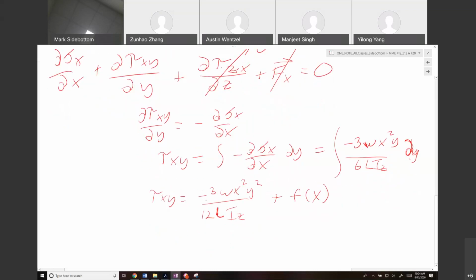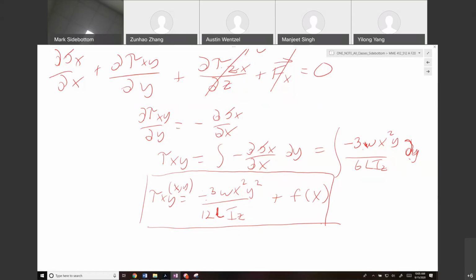So, can anyone tell me what we can use to solve for our unknown function of x? We can use boundary conditions. Okay, Manjeet, what boundary condition do we know?